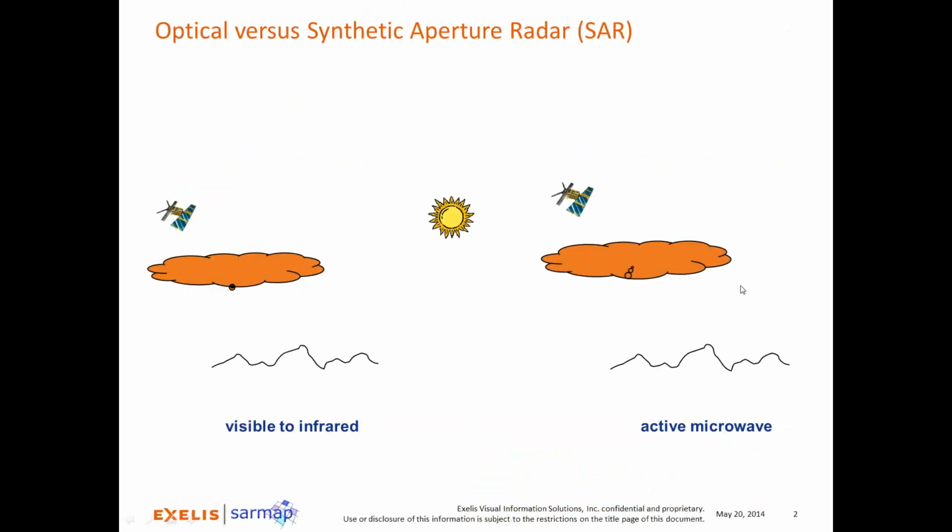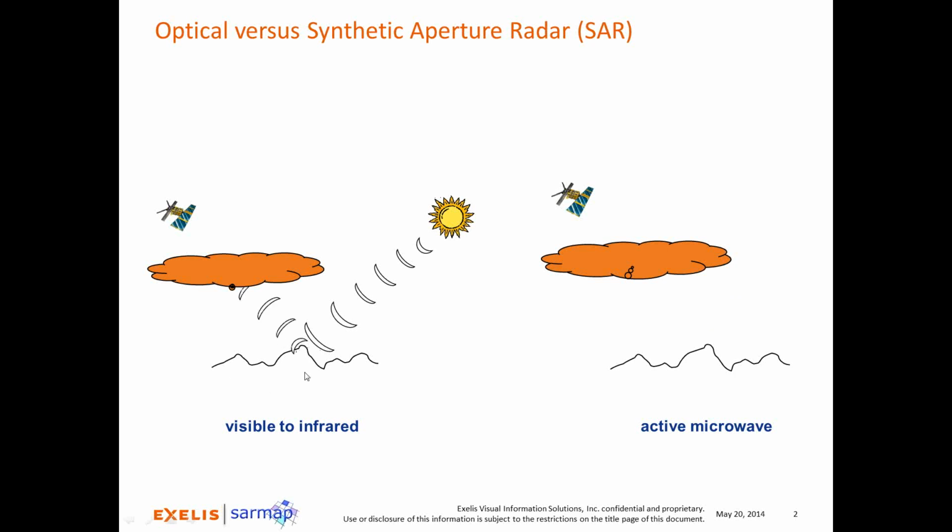I don't know how many of you are familiar with SAR, but I will go quickly through some recap about SAR. SAR, of course, is a peculiar technology, and one main issue is that it's an active system. If we consider an optical system, an optical sensor relies on an illumination source.